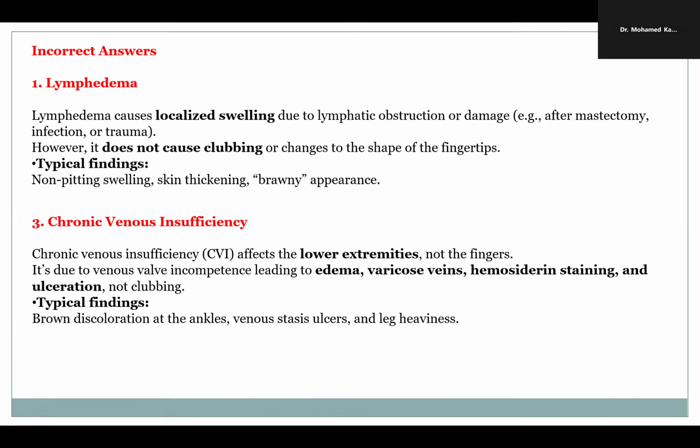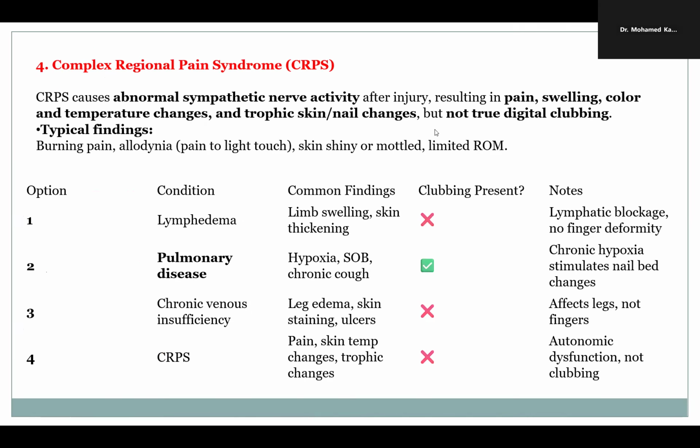There will be edema, varicose veins, and brownish discoloration of the skin, which we call hemosiderin staining, due to iron deposition and iron breakdown, and also ulceration. We might have a venous ulcer, but there will be no clubbing. So again, with chronic venous insufficiency, we will find brownish discoloration at the ankles, venous stasis ulcer, leg heaviness. Number 4 is incorrect.